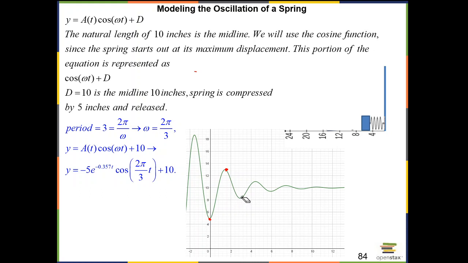And then goes back a little bit lower than that, and then a little bit higher than that, and eventually stops. All right, and again, you think of this as the y-axis, and we are representing displacement right here.